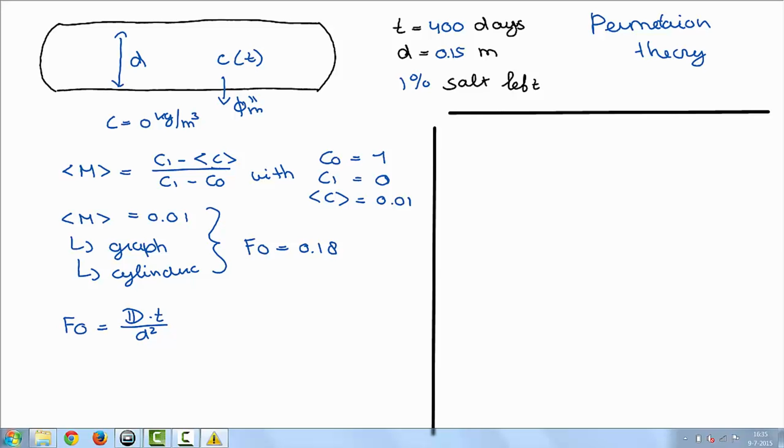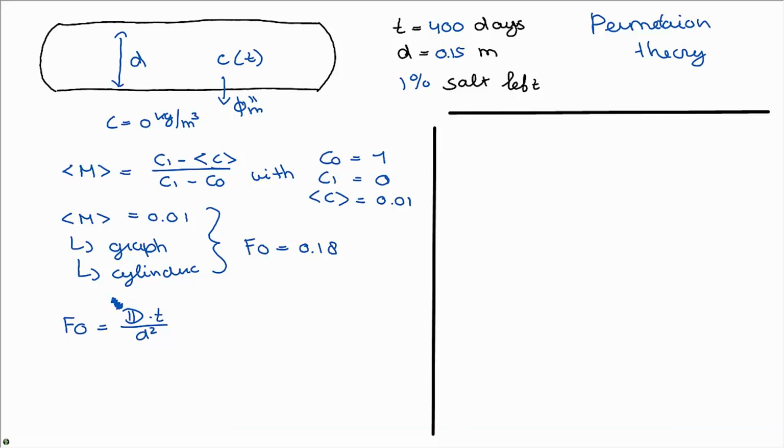Also, when you're doing this for heat transfer, the D will be replaced by the heat diffusivity, a, but not for now. I can rewrite this equation to: diffusion constant is Fourier's number times d squared over t, and if I fill in all the numbers, which I have, the outcome is this one.